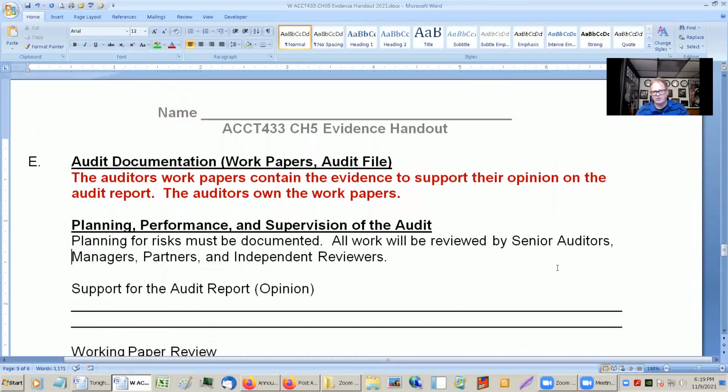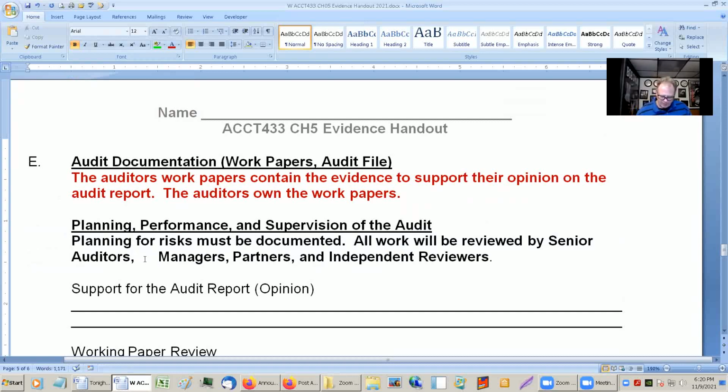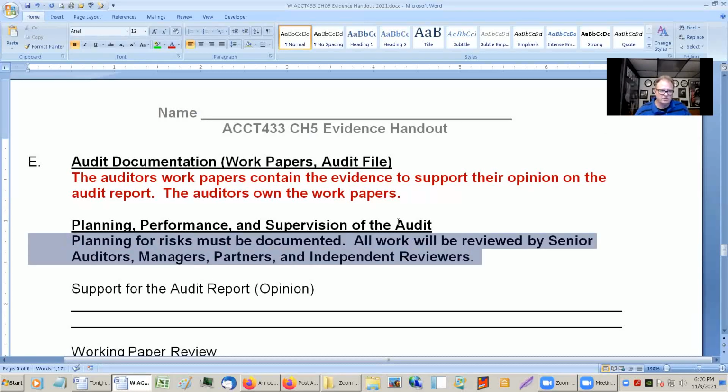So when you come in as an auditor, your work's going to be looked at by a number of people. There may be 5 or 6 people looking at your work. And that's not because they don't like you or don't trust you. That's just the way it is. They're very nervous people.